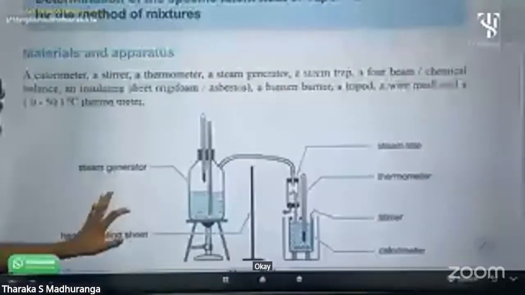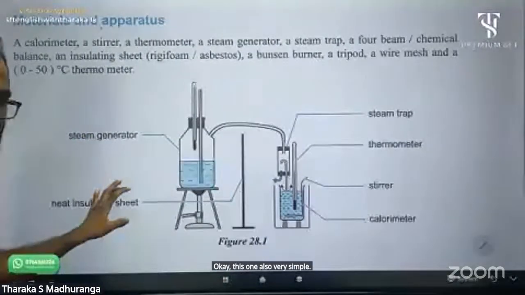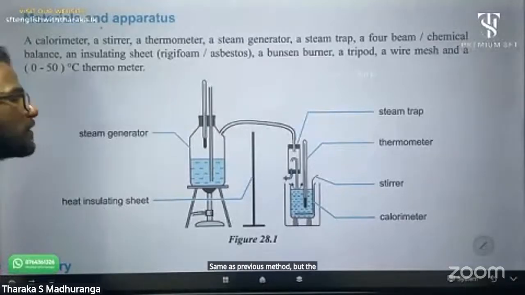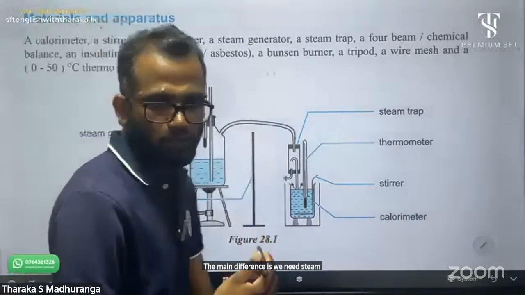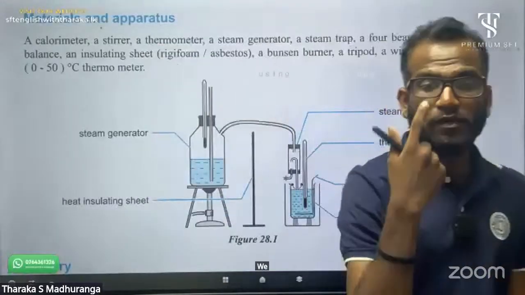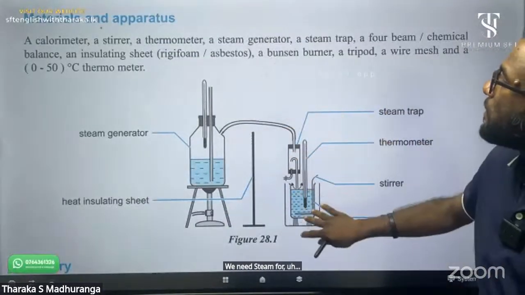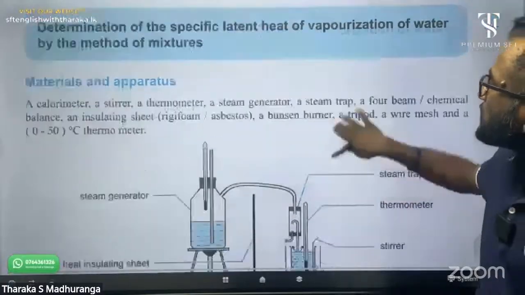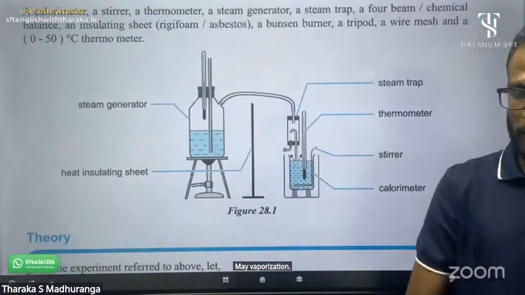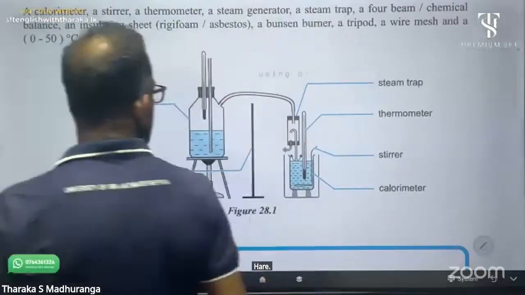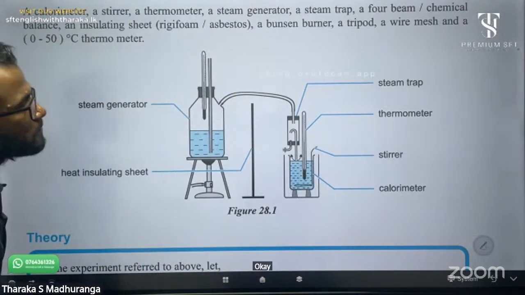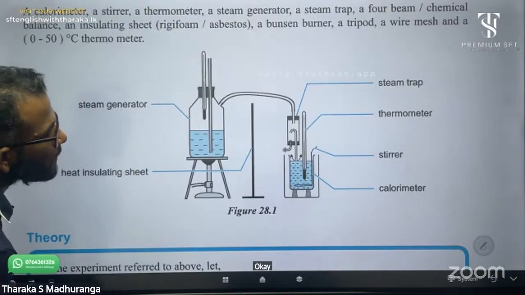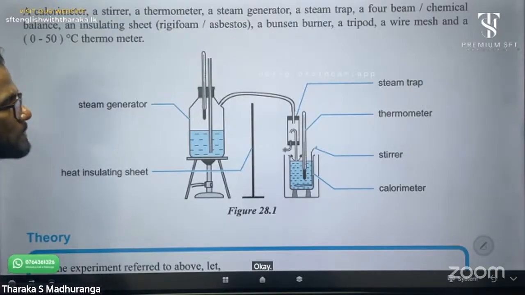Okay, this one is also very simple, same as the previous method, but the main difference is we need a steam generator, because we need steam for vaporization. Hurry. This is the most important practical.